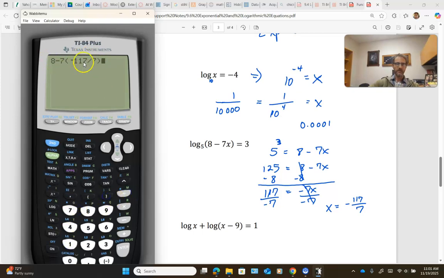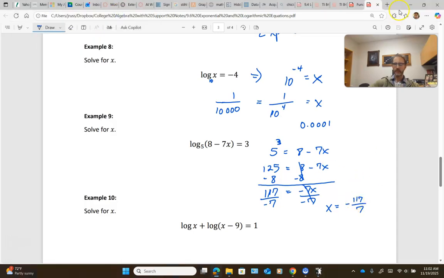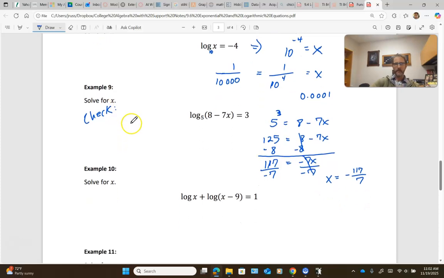As long as this is a positive number, then I'm okay. Okay. So this is the solution here. Alright, so remember, you need to check. Let me actually write this out just to show you. And this equals 125. So, and then you could even evaluate this further. Log base 5 of 125 is 3, because 5 to the third power is 125.